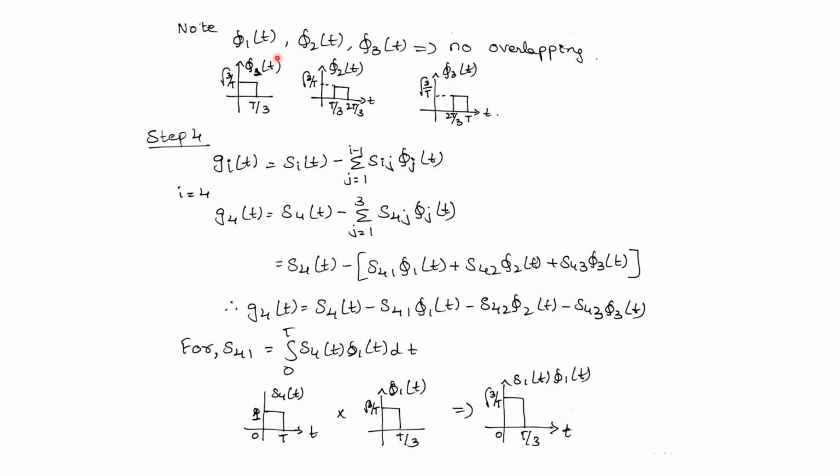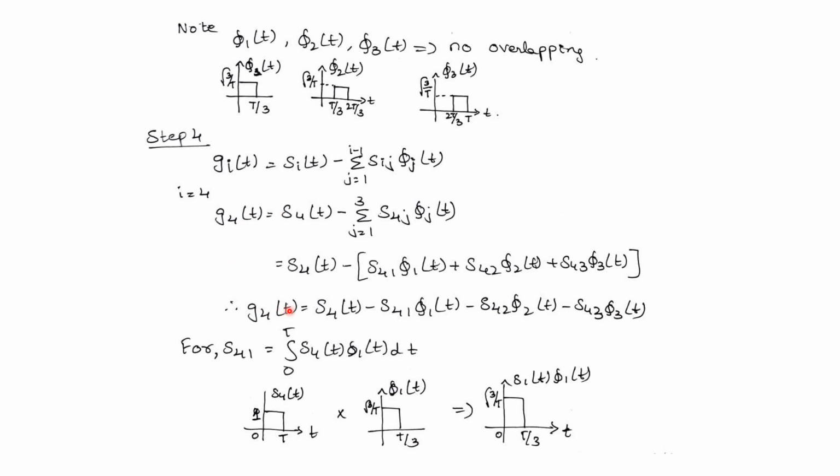Again, there is no overlapping between phi 1 of t, phi 2 of t and phi 3 of t, as we see in the signals here. And step 4 is to find the fourth basis function, where I am going to substitute i equals 4 in the general equation.